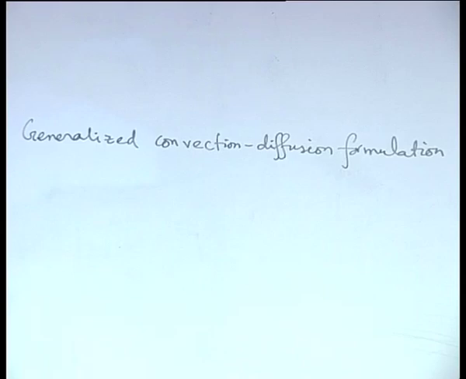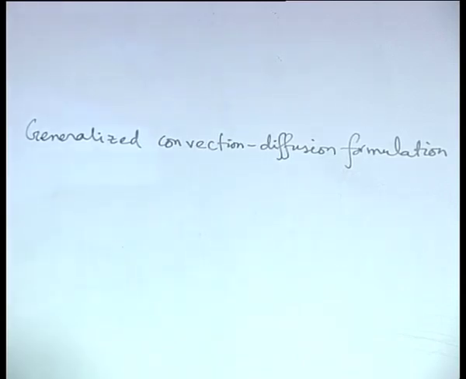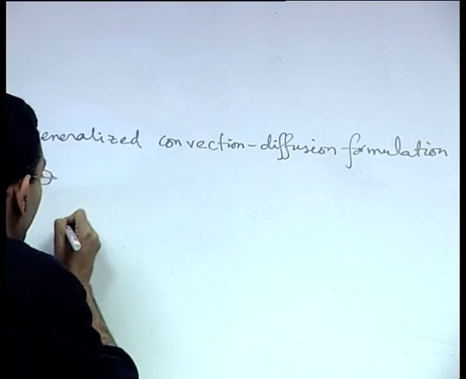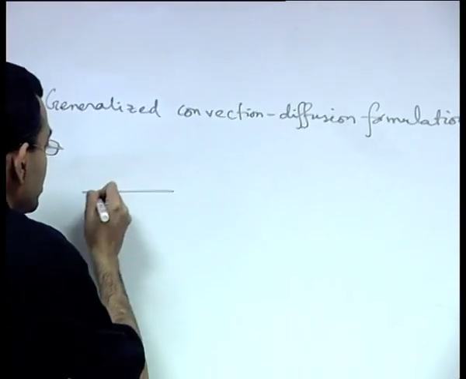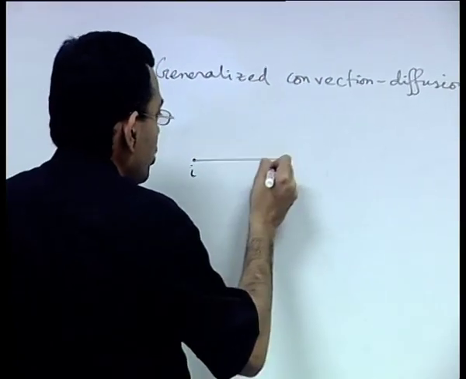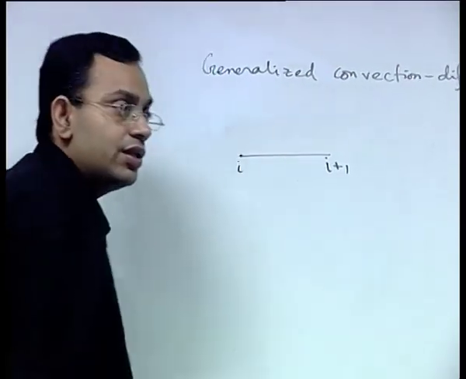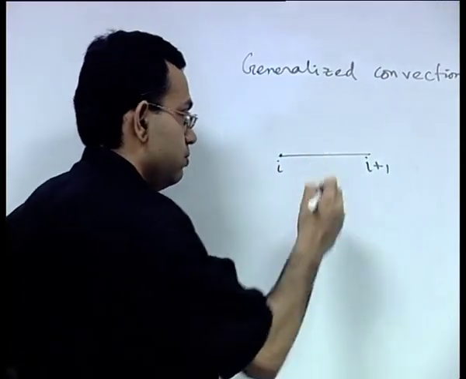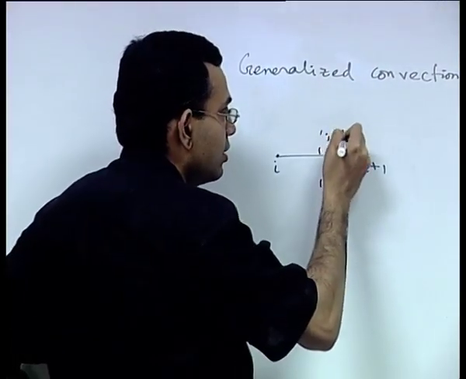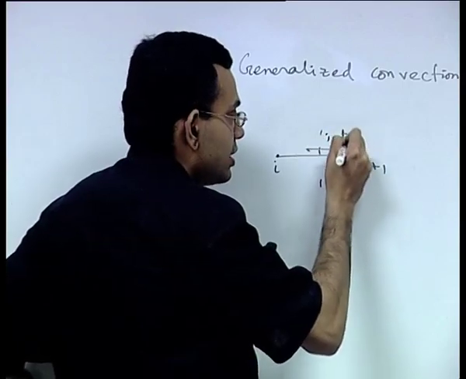In the generalized convection diffusion formulation, we consider that there are two grid points I and I plus 1, there is an interface and there is a flux through the interface.